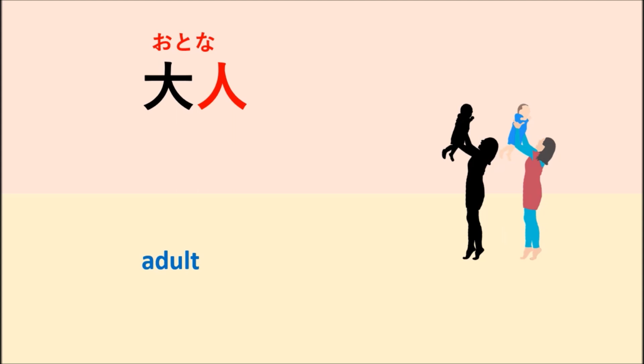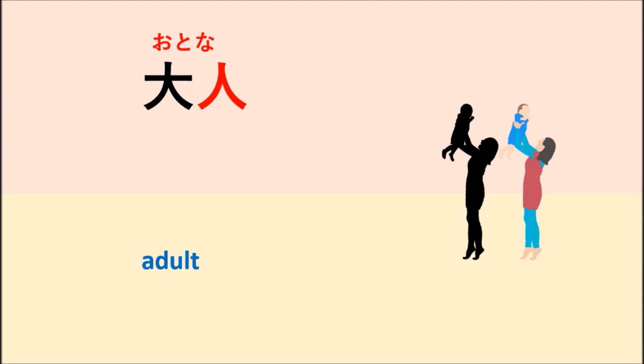It depends on the country. Maybe some countries define it as 17 years old, but some countries define it as 18. So when your age is 18 years old, that means you are an adult. And in Japan they say otona.